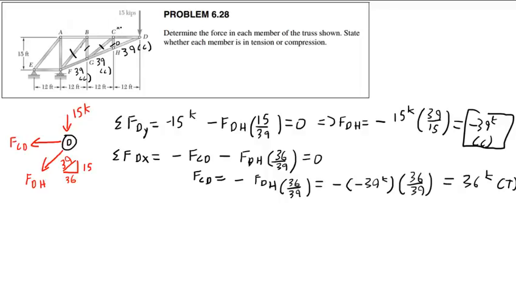So this is 36 tension, this is 36 tension, and this is 36 tension. Just right down the line. Pretty nifty, you might say.